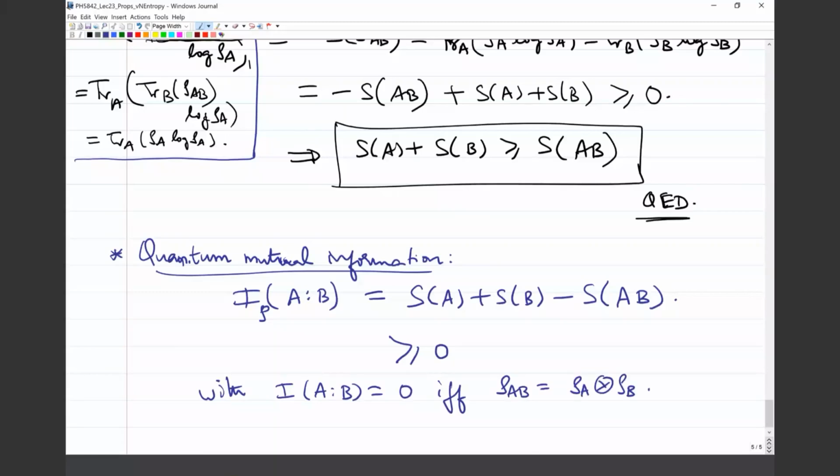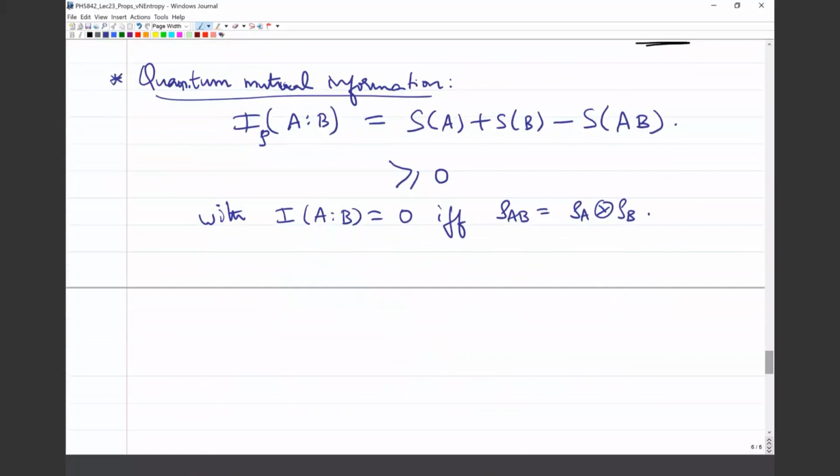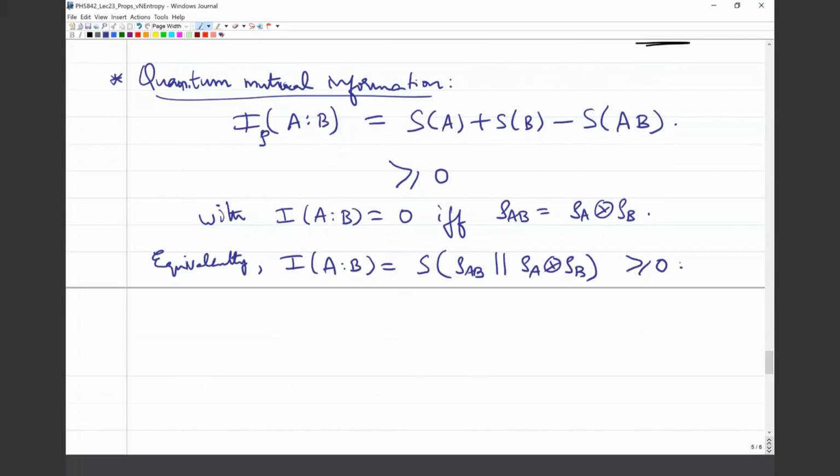So this quantum mutual information, you can also equivalently define it as a relative entropy, which is nothing but a relative entropy between the joint and the tensor product of the marginals. And this is always positive with 0 if and only if rho AB is equal to rho A tensor rho B, same thing.